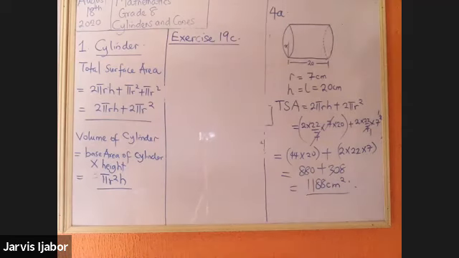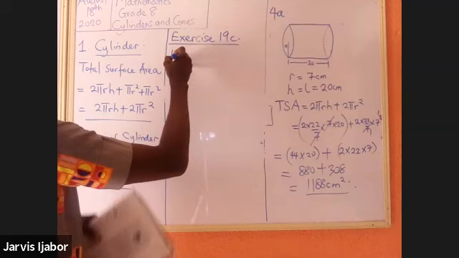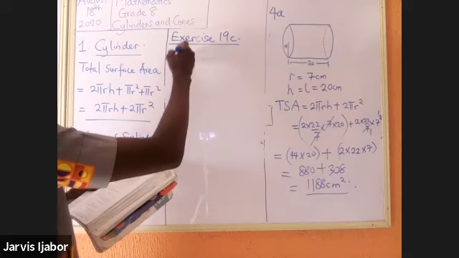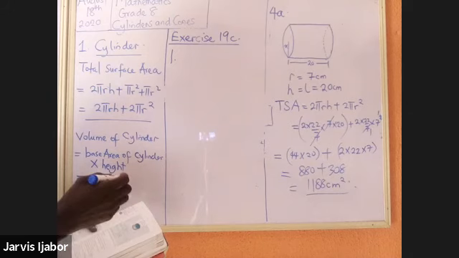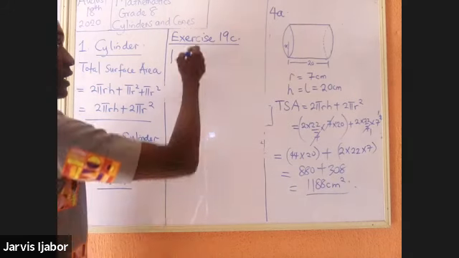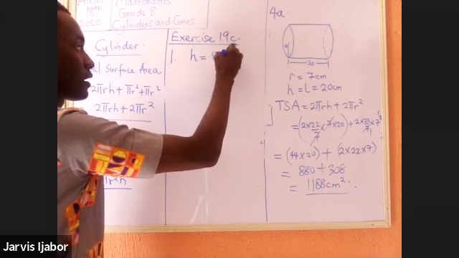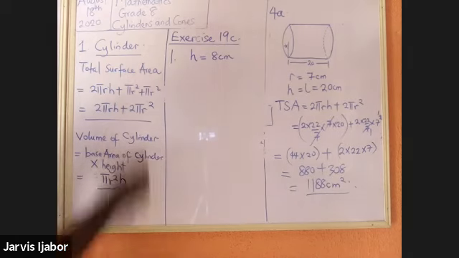So what is the question saying? In exercise 19C number 1, calculate the volume of a cylindrical steel bar which is 8 cm long. That is height. When they say a cylinder is 8 cm long, that refers to the height.